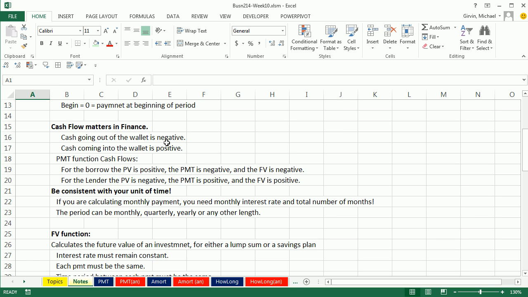If the cash is going out, it's negative. But to the bank, when you send in your check to them, the cash is coming in. It's a positive. So we'll always ask the question when we're talking about cash flow, which way is the cash going? Is it coming in? Is it going out of my wallet or into my wallet? Out of the wallet, or purse for that matter, is negative. Into the purse or wallet is positive.